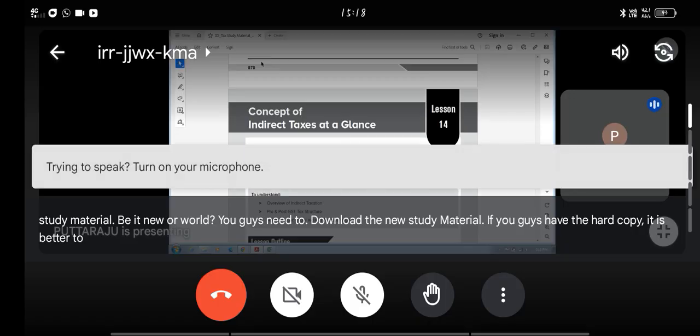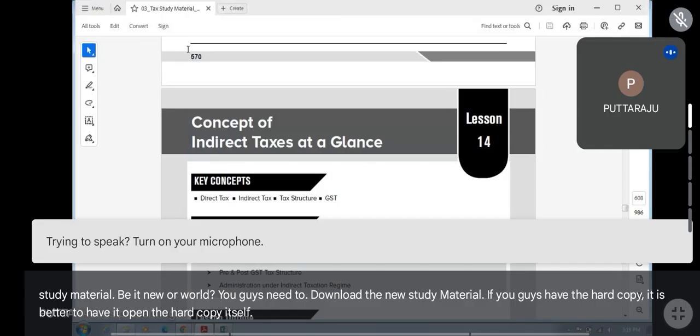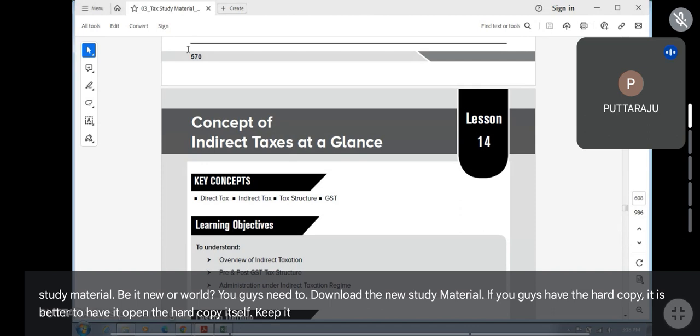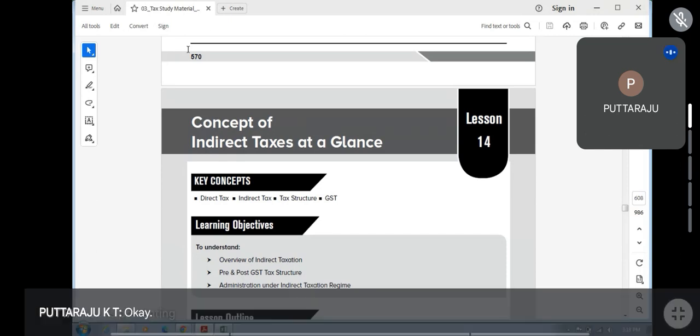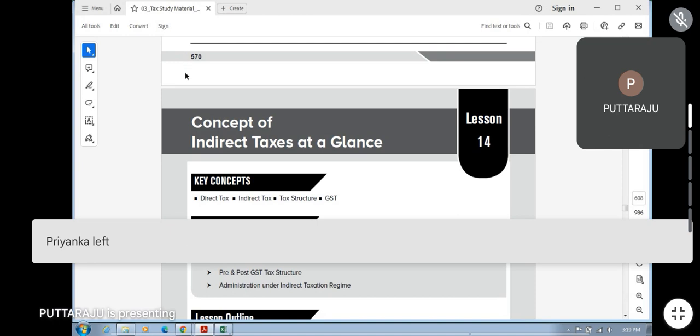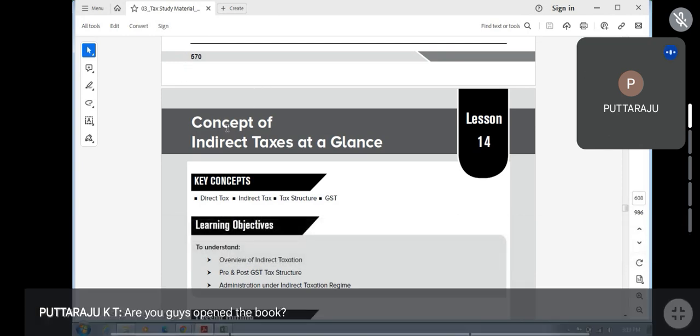Have it open, the hard copy itself. Keep it handy. Have you guys opened the book?